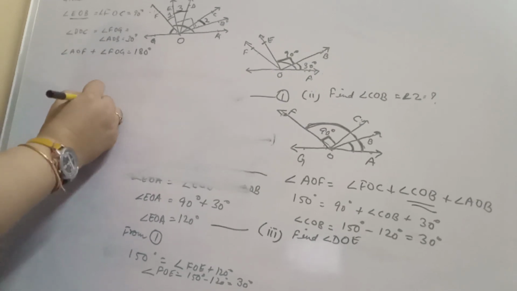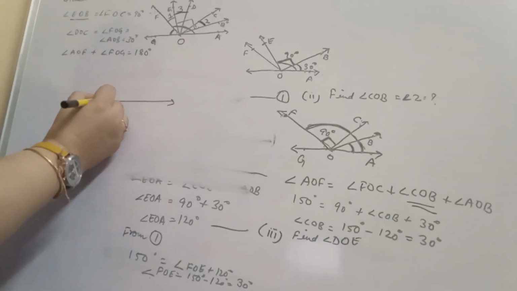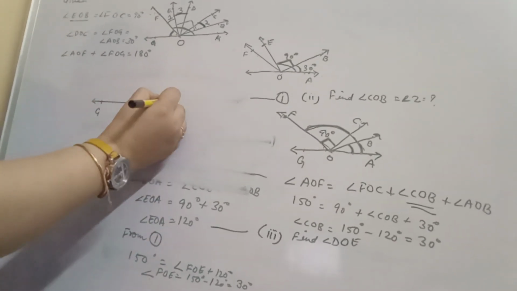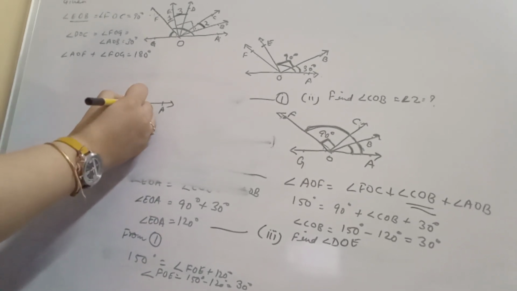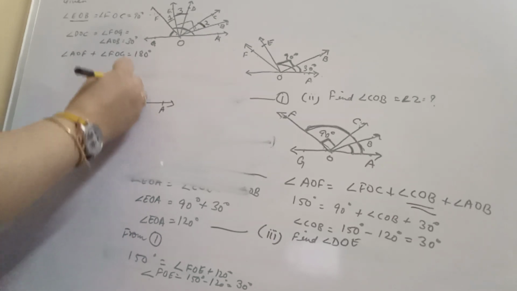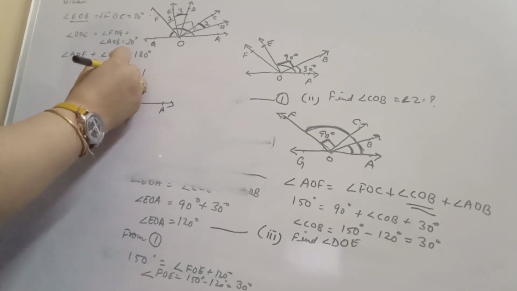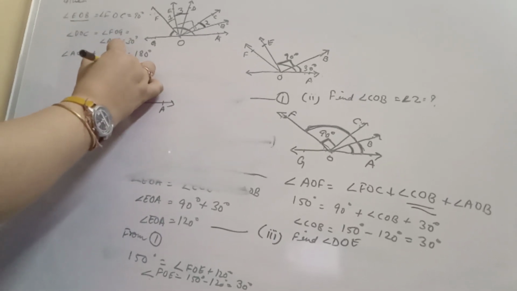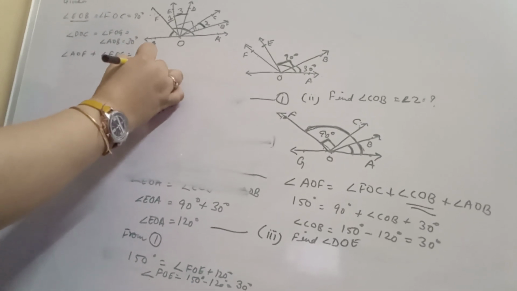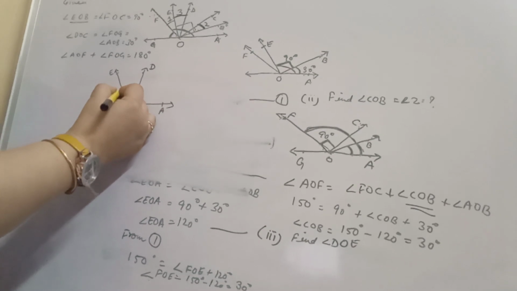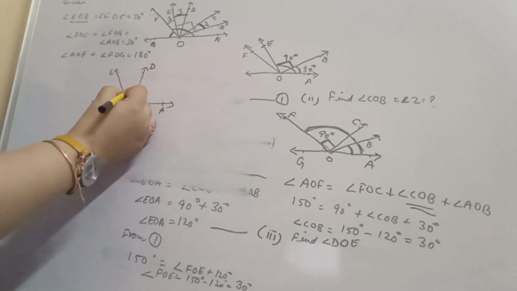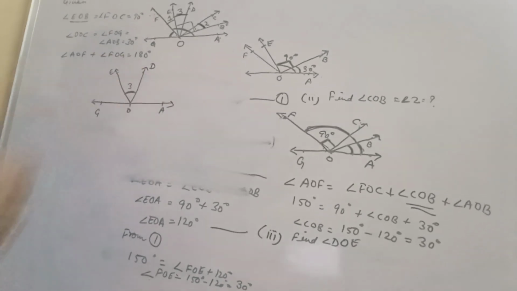Now I have this line GOA, and this is EDO. So this is DOE. This angle I have to find.